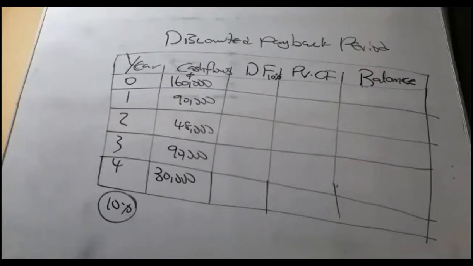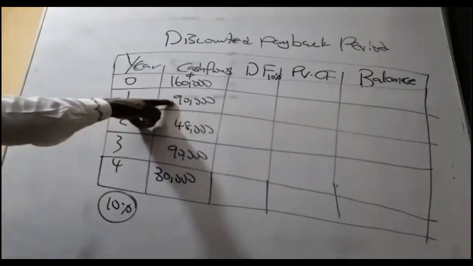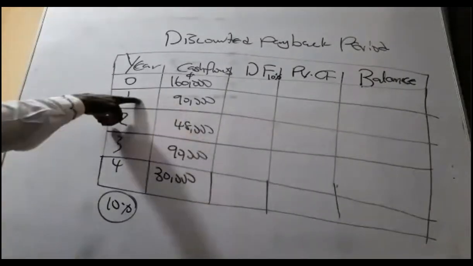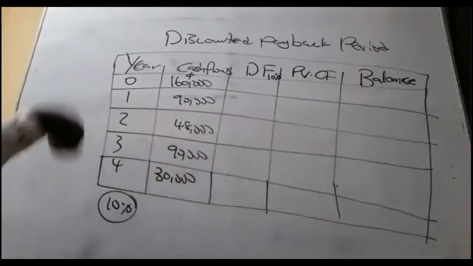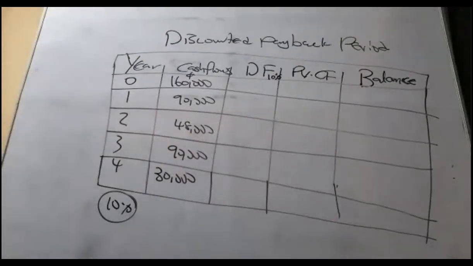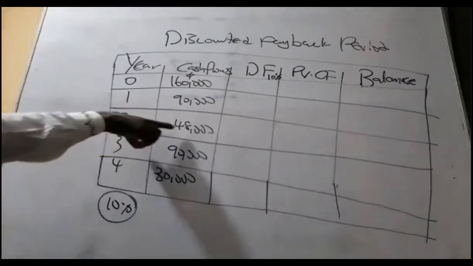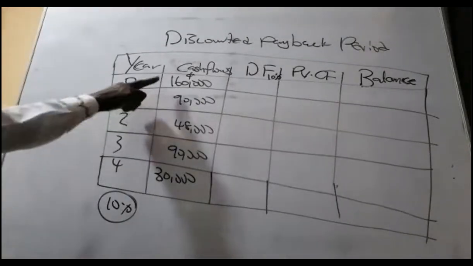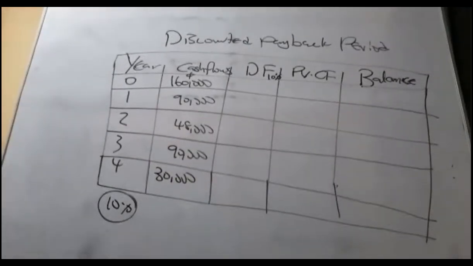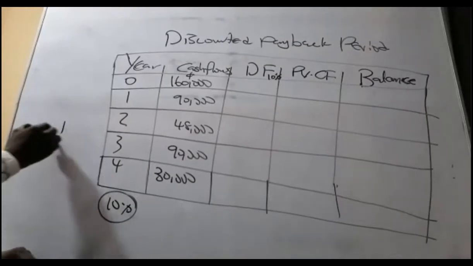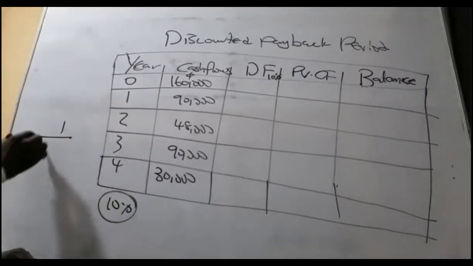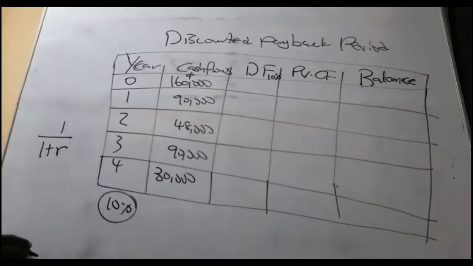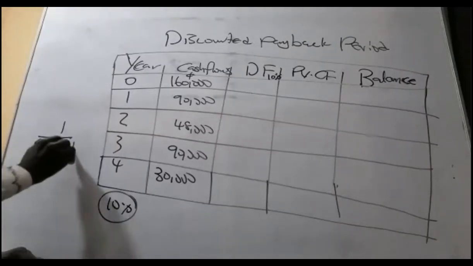So if I have to receive 90,000 cedis at the end of year one, I have to reduce it by 10%. That's all. If I want to receive 48 in year two, you have to reduce it again, 1, 2 in that order. So to get the discount factors, just pick one over 1 plus the R, that's the rate, all to the power n.